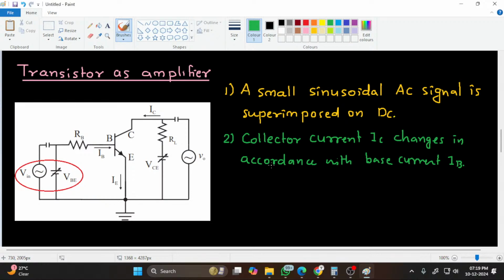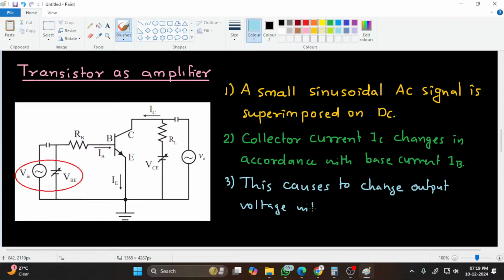This causes the output voltage to change sinusoidally with the input voltage.